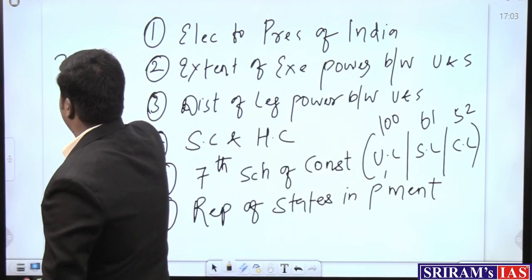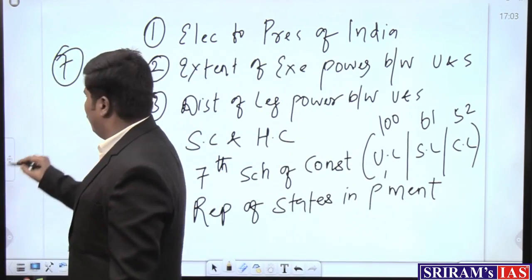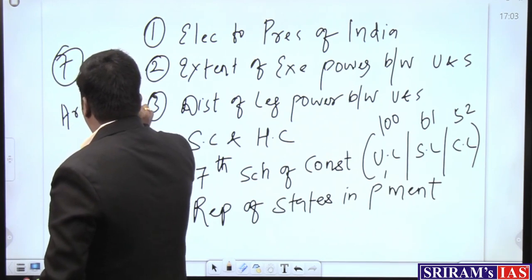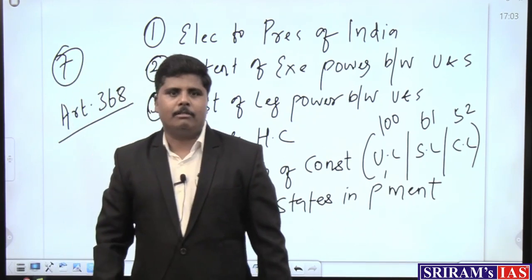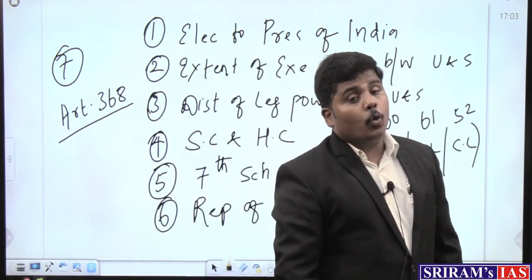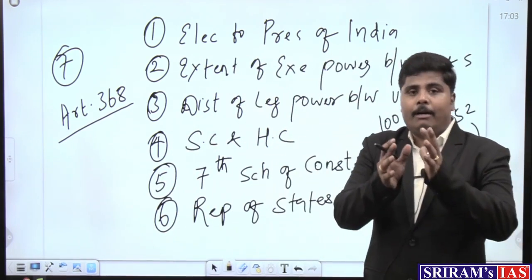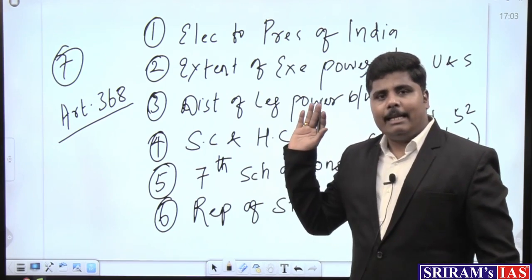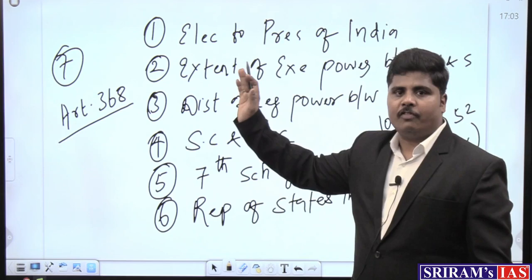And number 7, if you want to amend Article 368 itself, if I want to change the entire amendment process, then in this criteria we need to get the permission of 50% of states in India. So, these are the areas relating to the 3 types of majority.